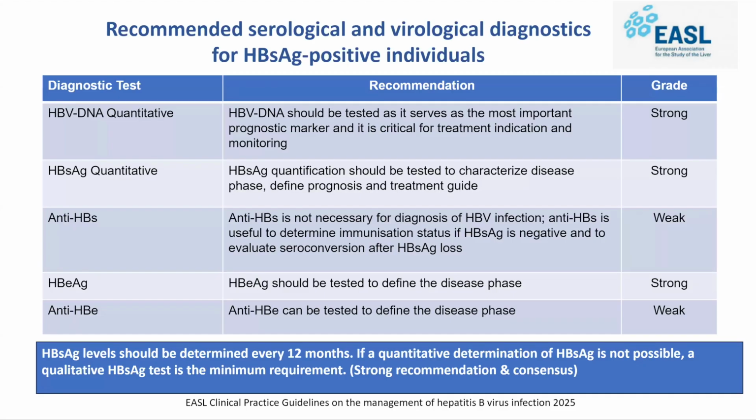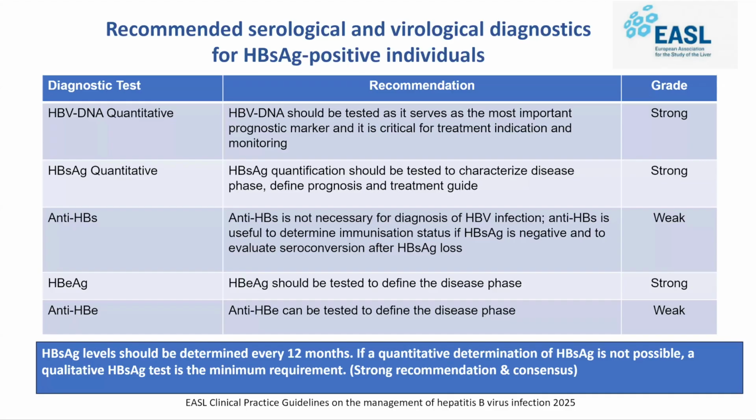In addition to use as a diagnostic test, levels of HBsAg should be determined every 12 months. And if quantitative determination is not possible, the recommendation is to do an annual qualitative HBsAg test.